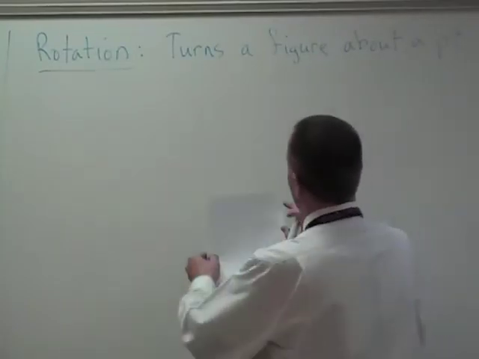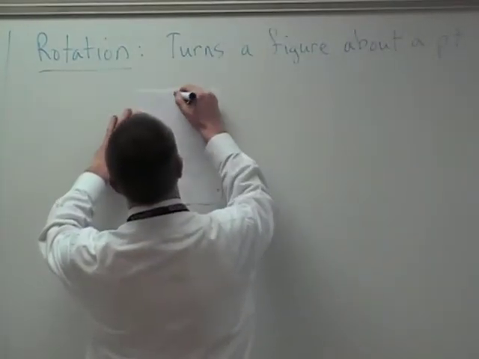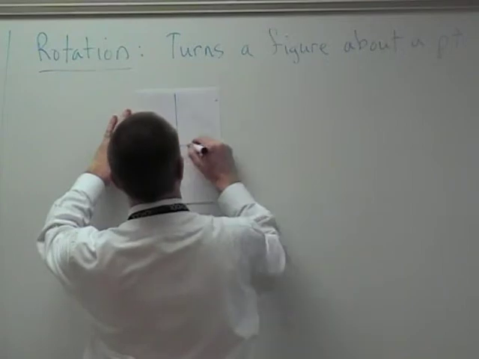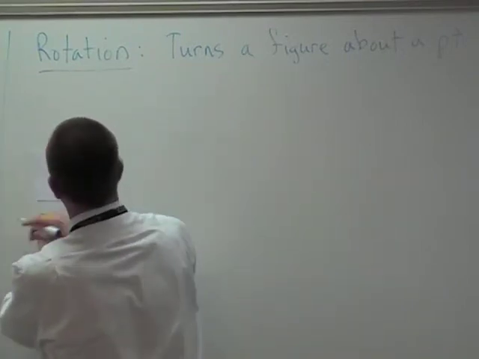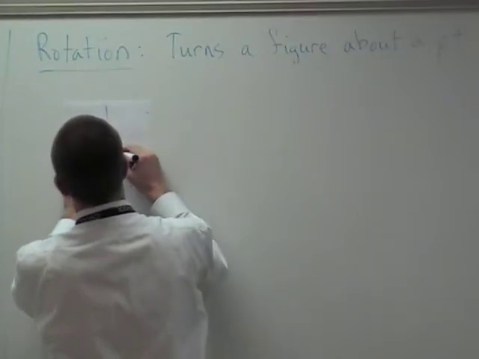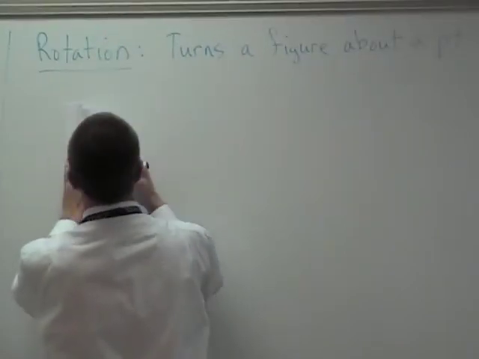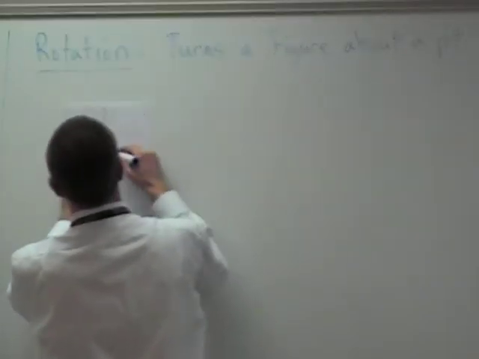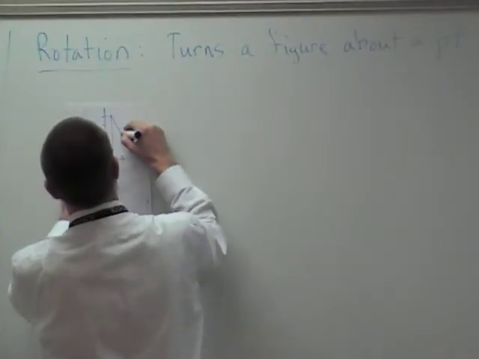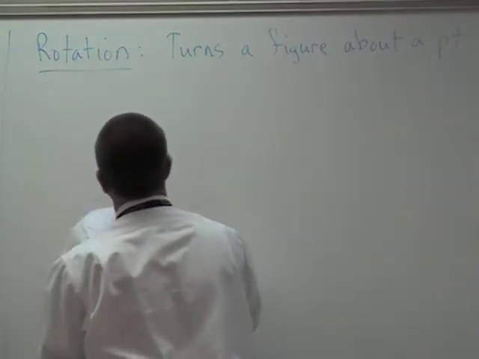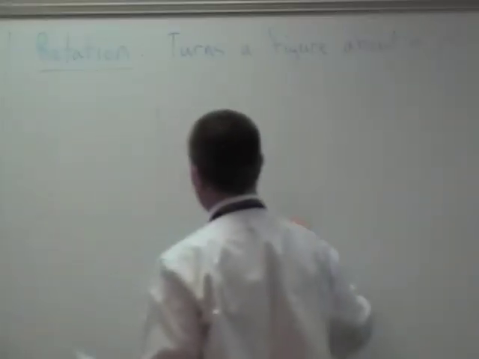So let's just, I'm going to show this up here for you. I'll take this image as my pre-image here. So at 3, 1. B prime is 1, 1. Alright, so draw it on here.